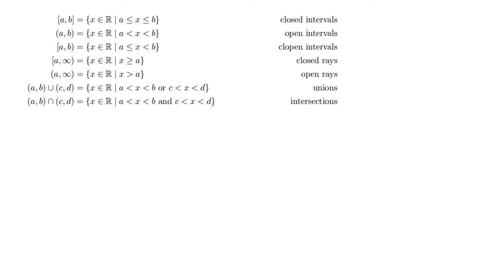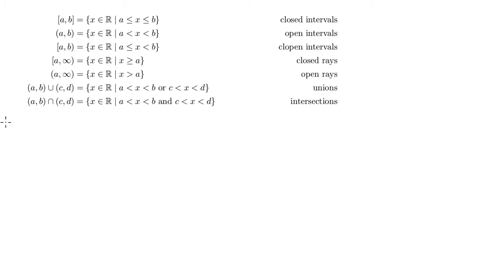So when we get into different types of functions, we're going to start throwing out domains of those functions. And we're going to get a lot of things that look like this. Closed intervals, open intervals, and this is kind of halfway a joke, clopen intervals, so closed and open intervals. Closed rays, open rays, and then we can combine intervals with these operations, unions and intersections.